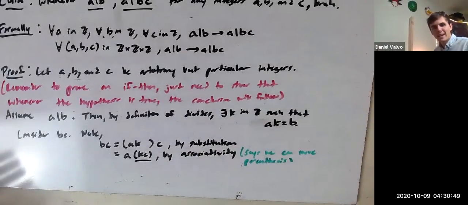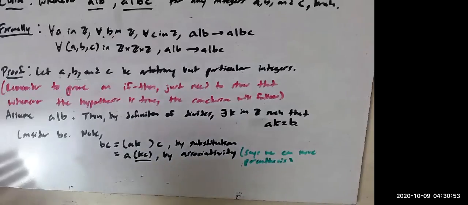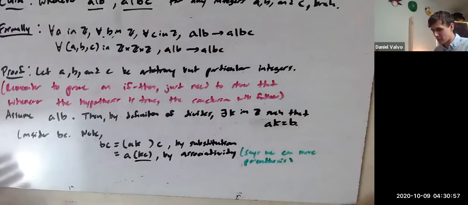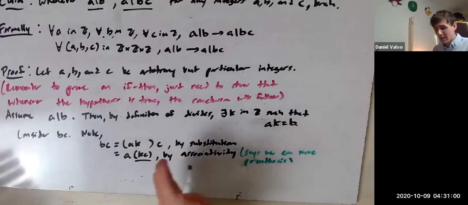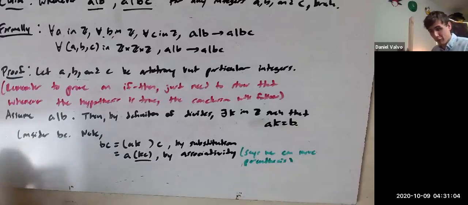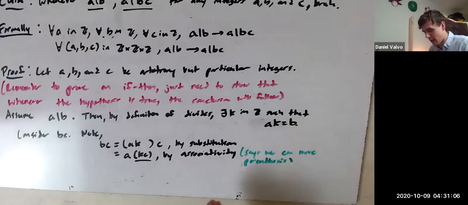K is an integer. Why is K times C an integer? Closure under multiplication. K and C are both integers by definition. Integers are closed under multiplication. So K times C is an integer. So we've written BC literally equals A times an integer, which is the exact definition for A dividing BC.